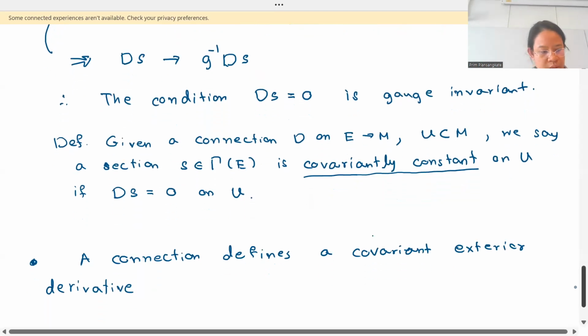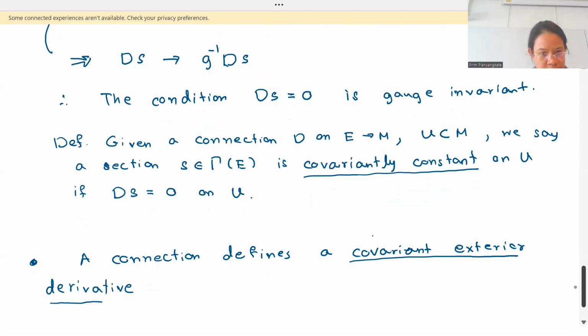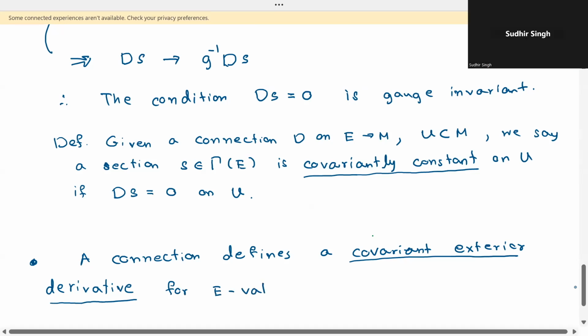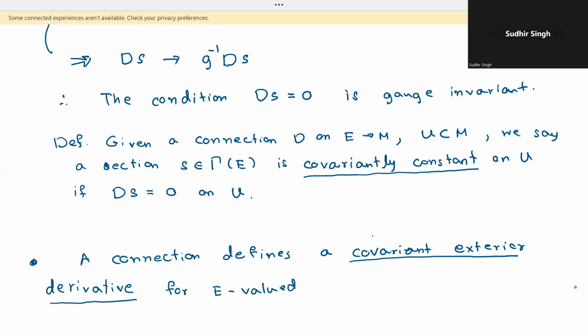The connection defines a covariant exterior derivative for E-valued k-forms.